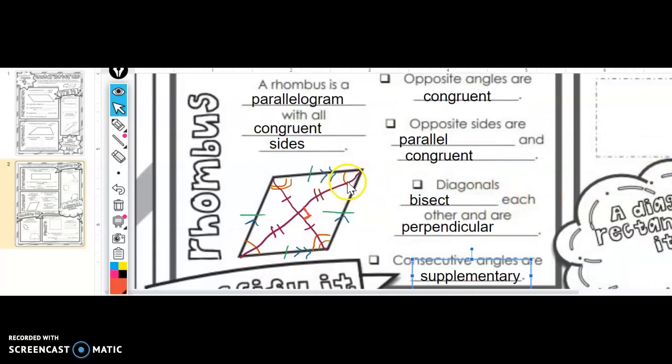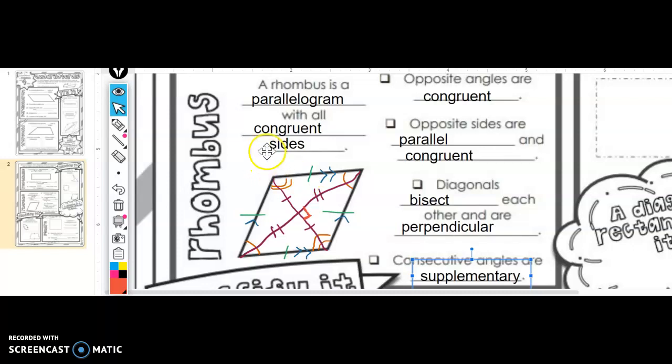Okay, so that means that a single orange and a double orange add up to 180. Double orange and single orange add up to 180. Double and single add up to 180, and the double and the single add up to 180. So those are supplementary. And again, that's a property of the parallelogram that transfers over to the rhombus. That also applies to the rectangle too, because all of the angles are 90. They're also going to be supplementary next to each other as well.